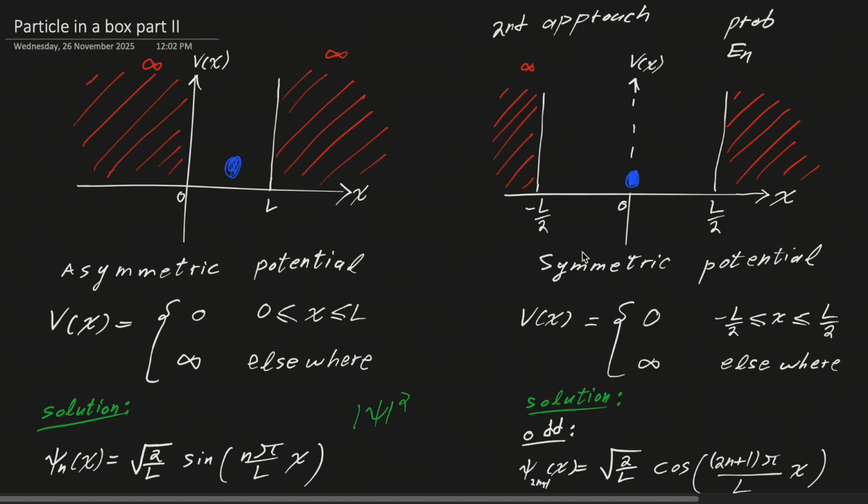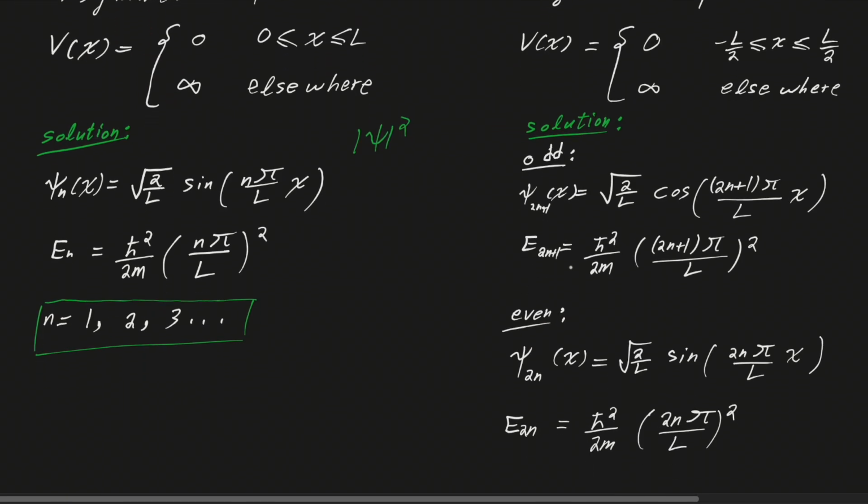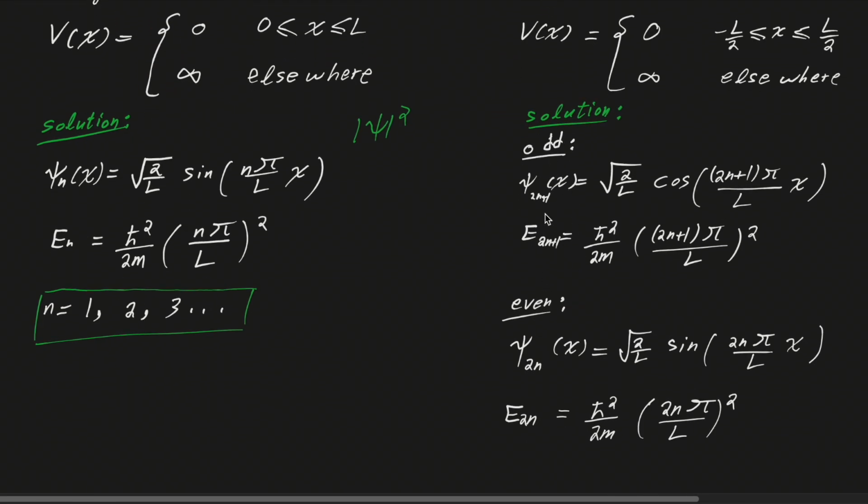And so it appears that when we did this shift, when we had a symmetric potential that goes from minus L over 2 to L over 2, and it was 0 in that region and infinite elsewhere, our solutions were split into odd and even solutions. So we had two wave functions instead of one.